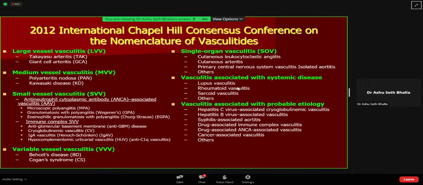In those associated with systemic disorders, we have a systemic disorder which is predominant, mostly autoimmune disorders like lupus, rheumatoid, and sarcoid, and vasculitis can be a component of these. And then there are those in which we don't know what the etiology is, like Hep C associated, Hep B associated, infection associated, drug associated vasculitis. So altogether, there are 7 categories which have been given.